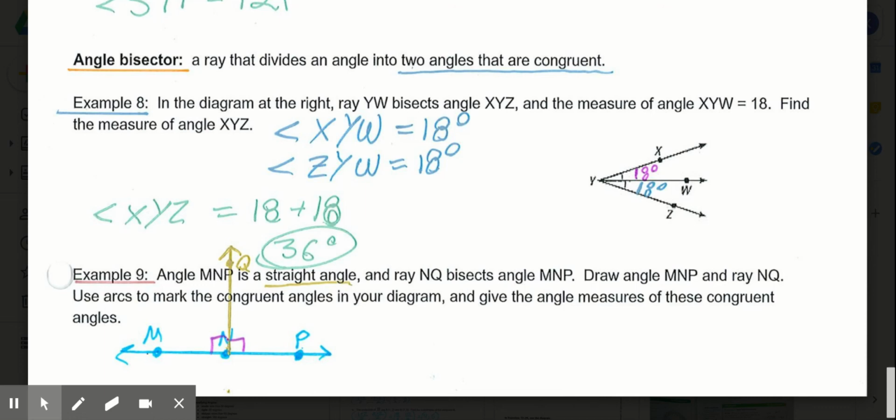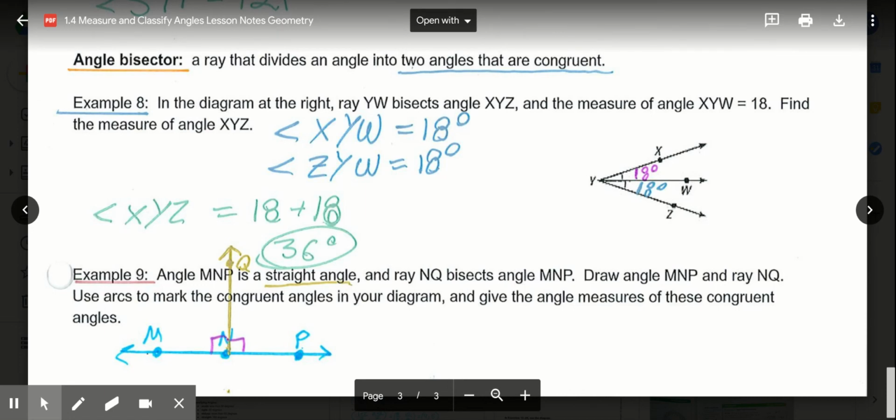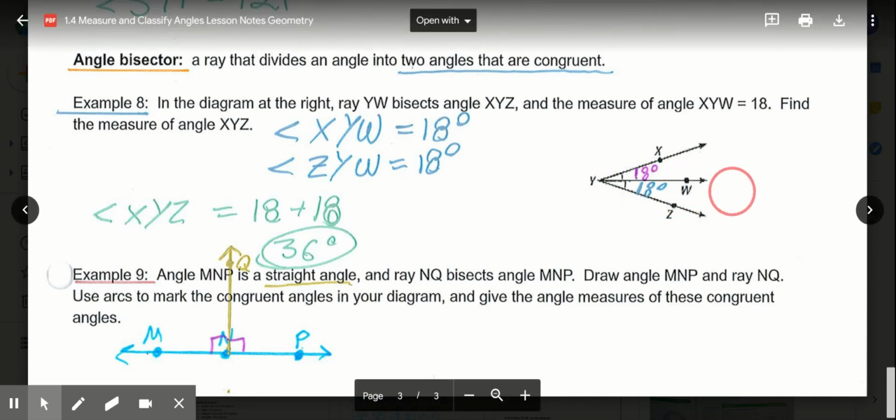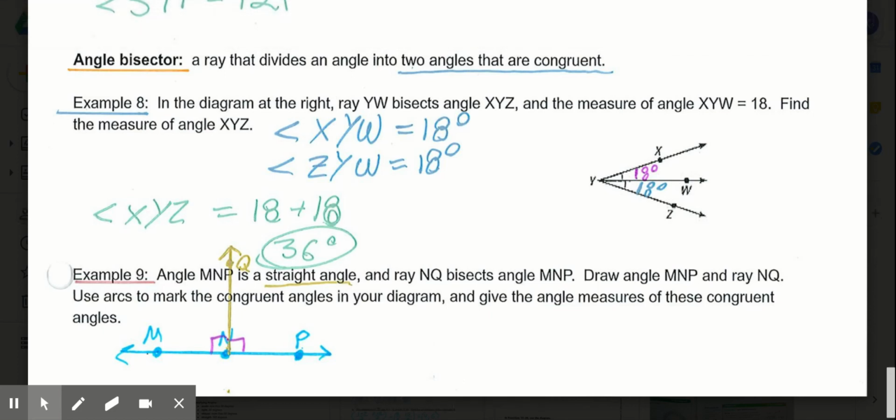So in example 8, we'll look at an example and an image of that. In the diagram at the right, ray YW bisects angle XYZ. So angle XYZ, this bigger one, is being bisected by YW, meaning angle XYW and ZYW are congruent.